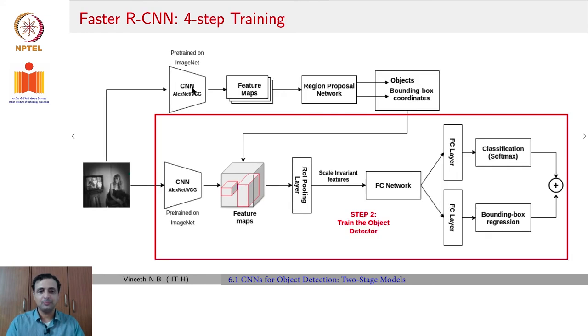This is step 1. In the second step, you take these region proposals obtained from the region proposal network, feed that onto the feature maps. Those are going to be your regions now.